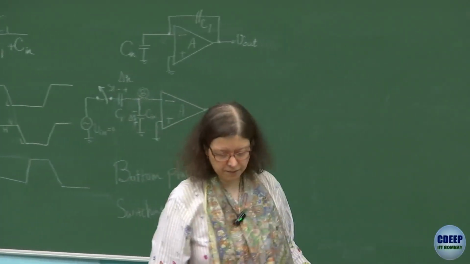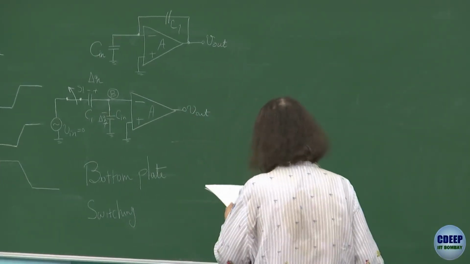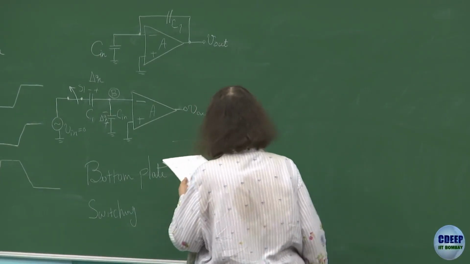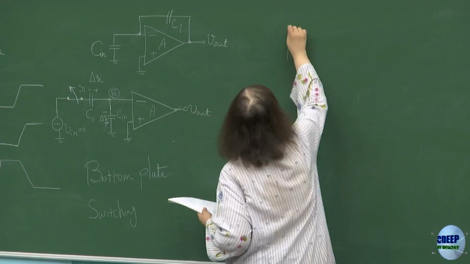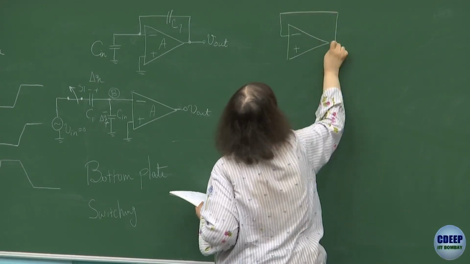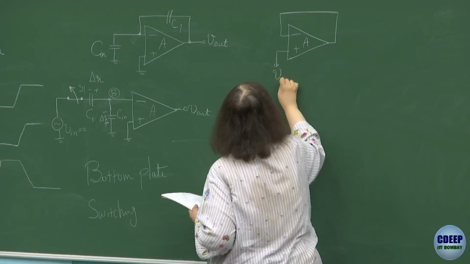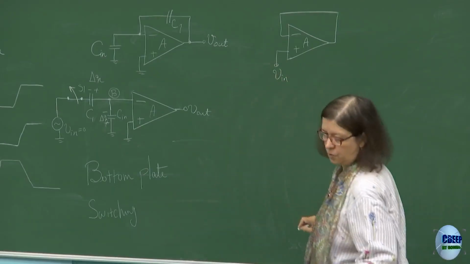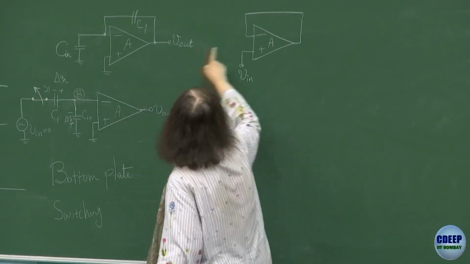So if gain is infinite, there will not be any error. If gain is not finite, then there will be error. I will write the final expression. It's the same way as in the analog case. How do you analyze? You don't consider this a virtual ground, node B, right?